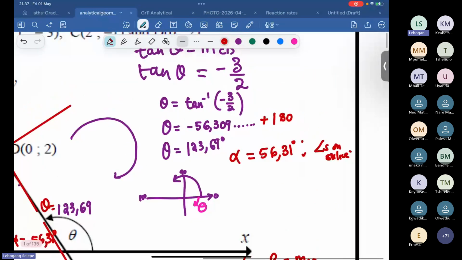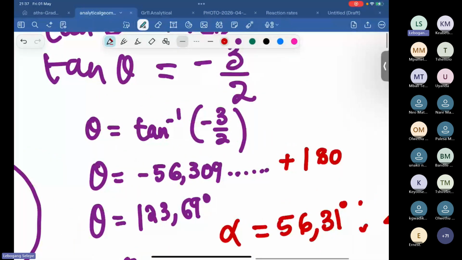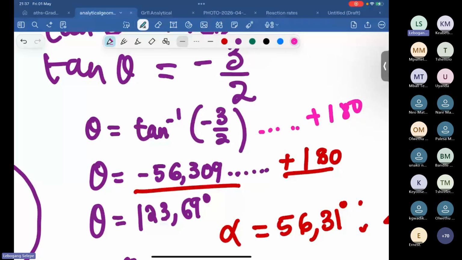Before I forget, let's come back here. It's also very crucial that once you've figured out that this is a negative angle and you add 180, you also go back and add 180 here, because it won't make sense to the examiner if you only add 180 towards the end of the step.